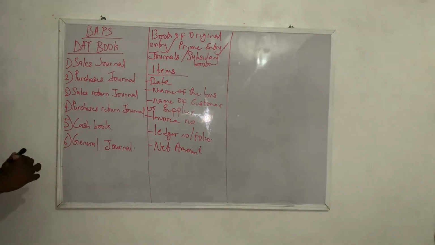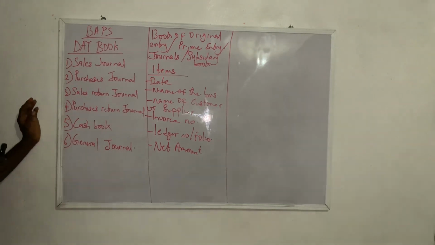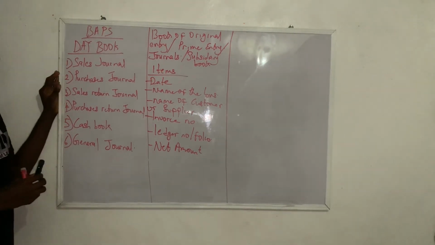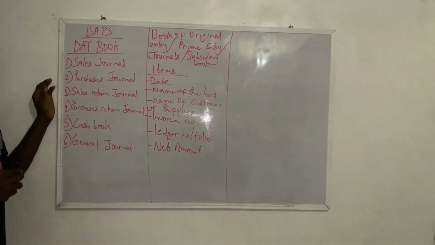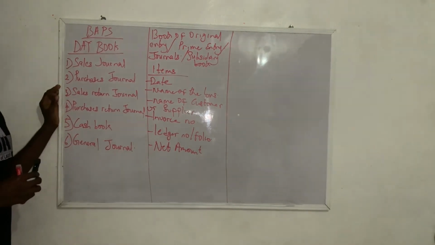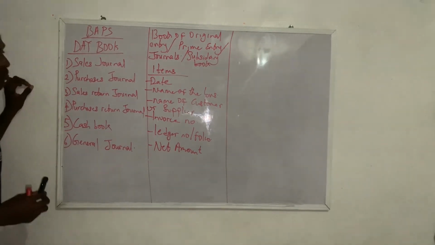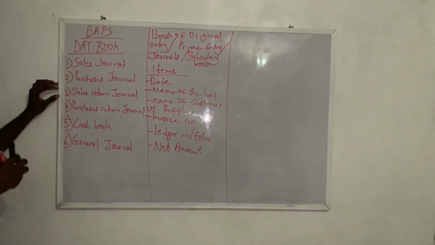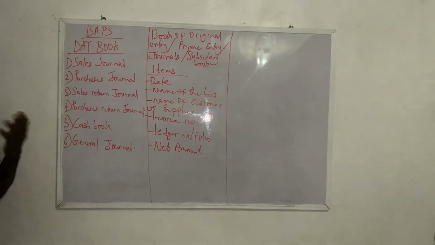So sales day book or sales journal is used to record credit sales. That's the only purpose for it. Purchases journal is used to record credit purchases, that is, goods bought on credit. Sales return, also known as return inward journal or day book, we use it to record goods returned by the customer.